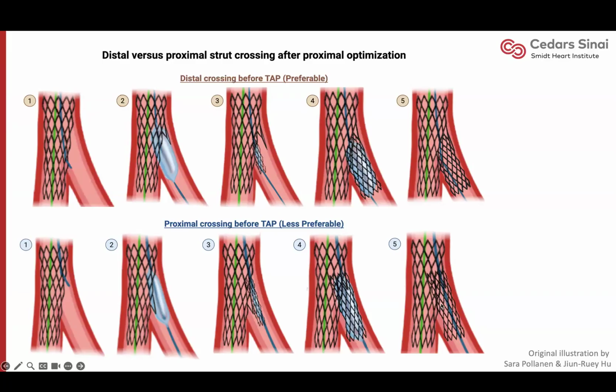In contrast, crossing through a proximal strut or mid strut is preferable in the crush family of techniques. So what I'm showing you here, this concept applies to TAP technique and Culotte technique.